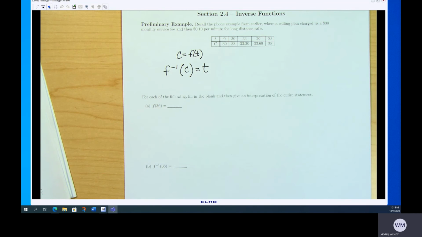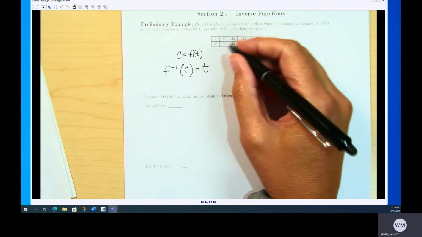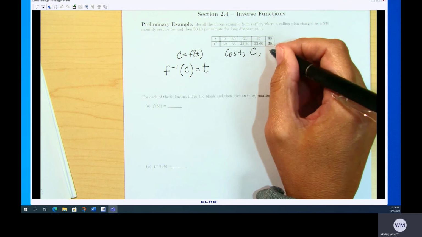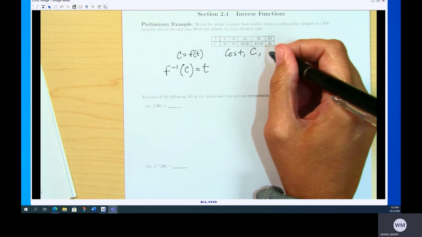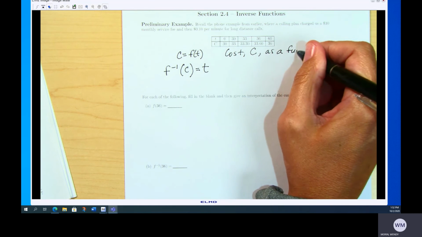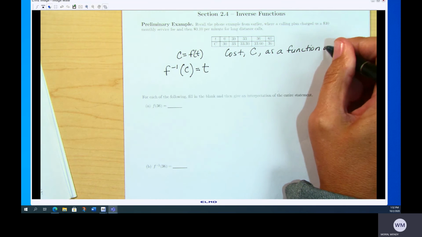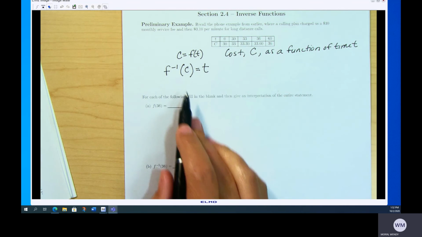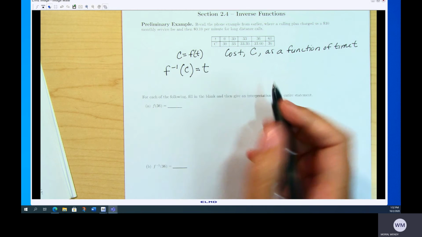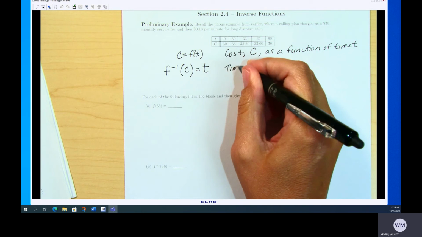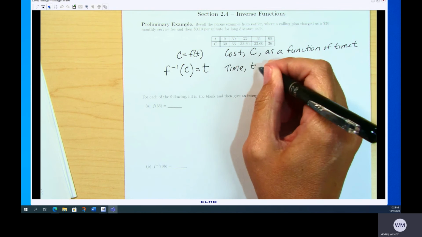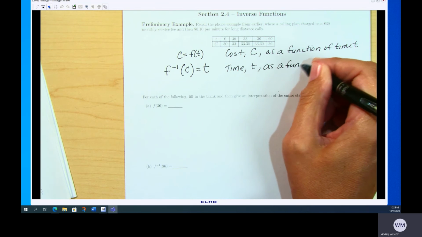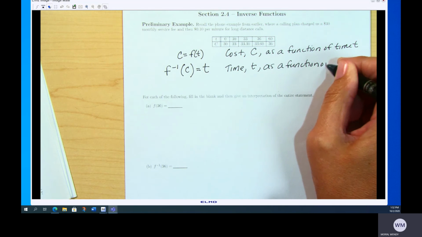Okay, this represents input. So in this case, we say the cost, C, is a function of time, T. This here is saying time T, written as a function of the cost.